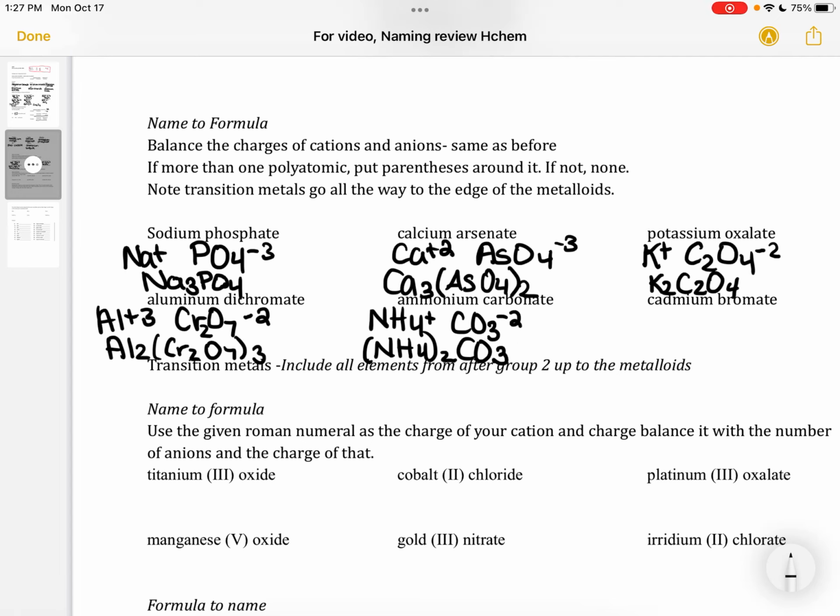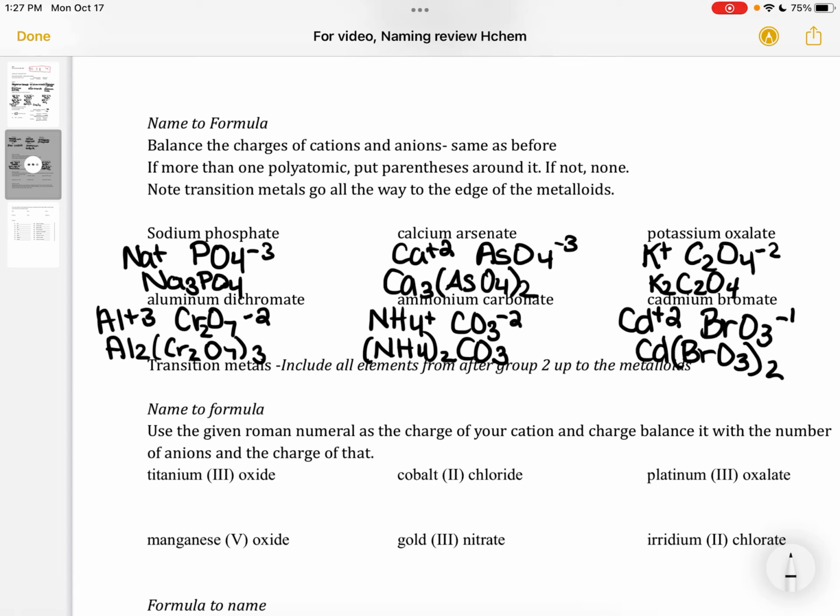Okay. Next, I've got cadmium bromate. So cadmium is a +2. Bromate, BrO3 -1. Okay, so cadmium, I'm going to need just 1, and I'm going to need 2 bromates, BrO3, 2.